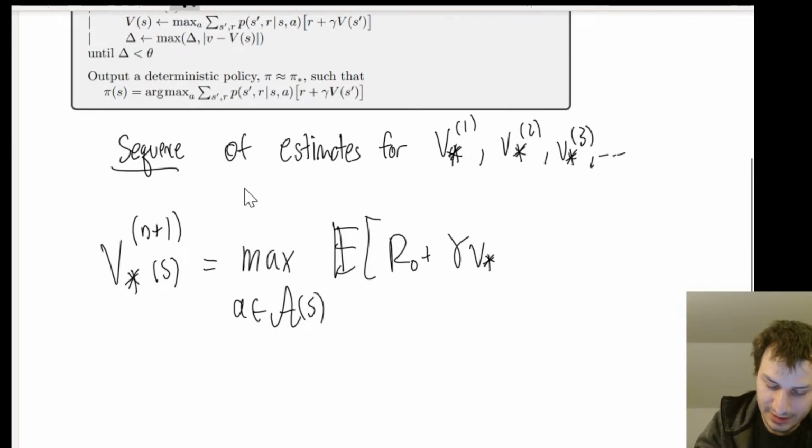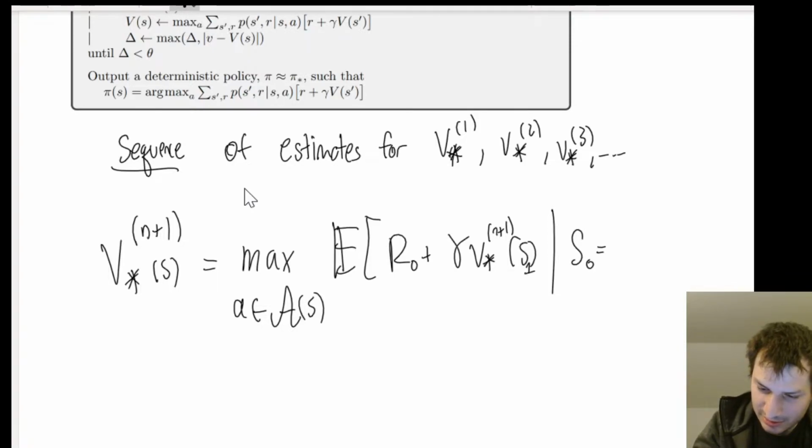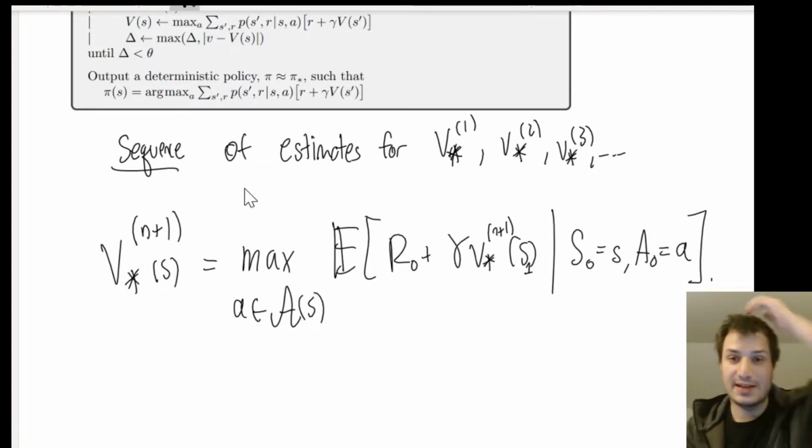So use the previous guess to generate the next guess.